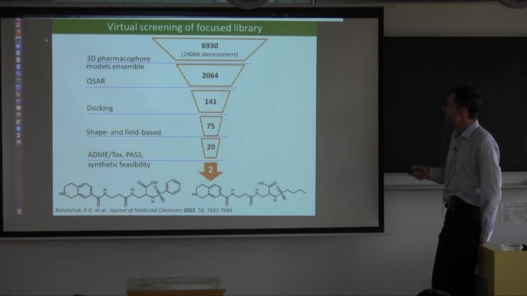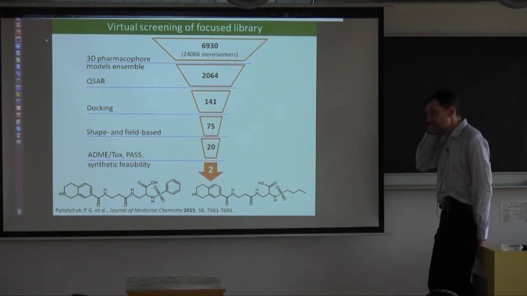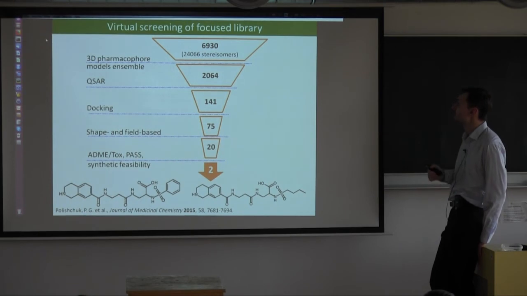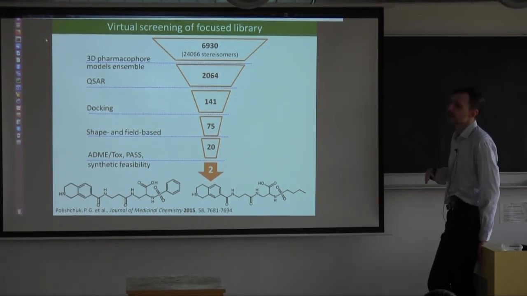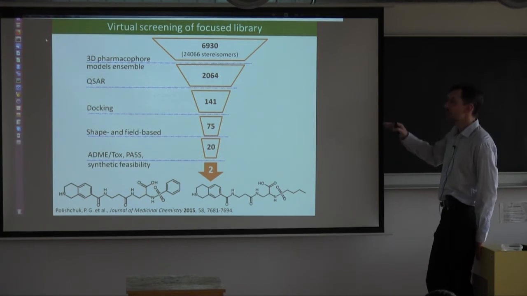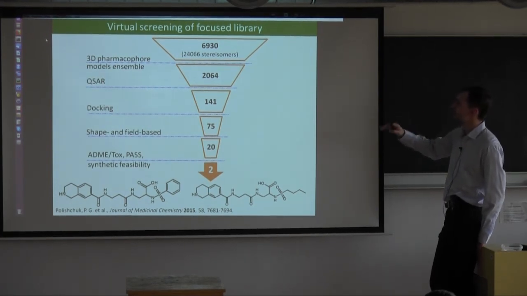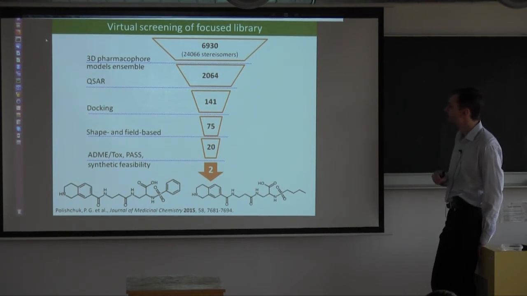So this is another study, which is also related to the discovery of inhibitors, of antagonists of the fibrinogen receptor. We developed pharmacophore models, QSAR models, several docking algorithms, and also shape and field-based models.